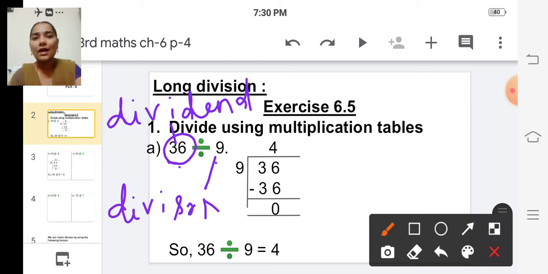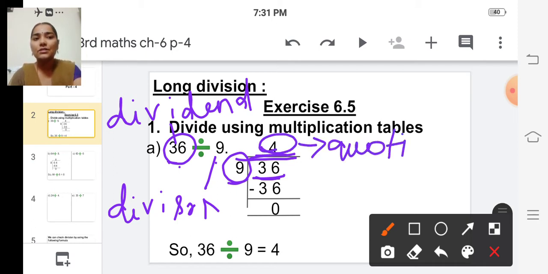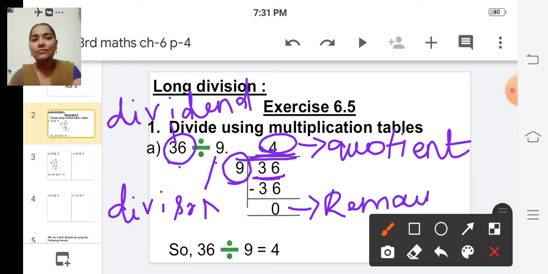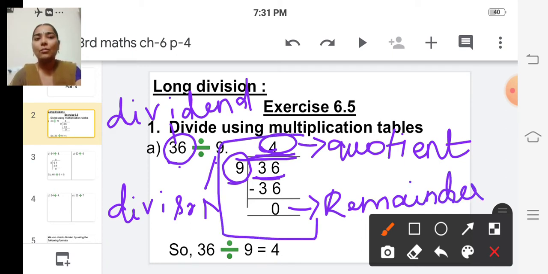So, you have to write the dividend here, 36 here, and the divisor here, 9 here. Above the line you have to write the quotient. And the last one, this is the remainder. So, this is the format of division.